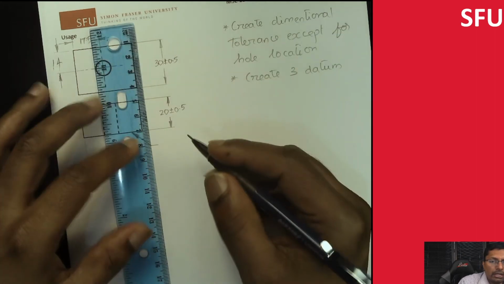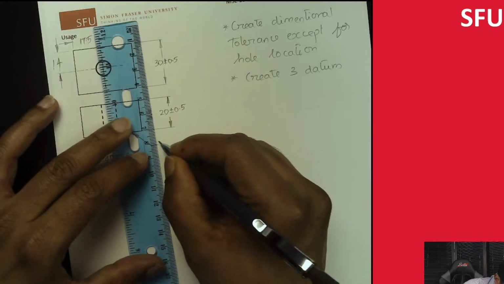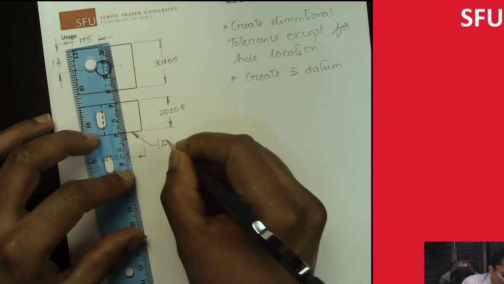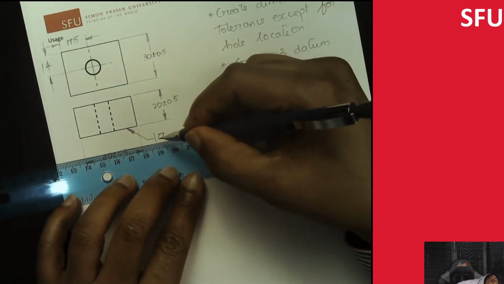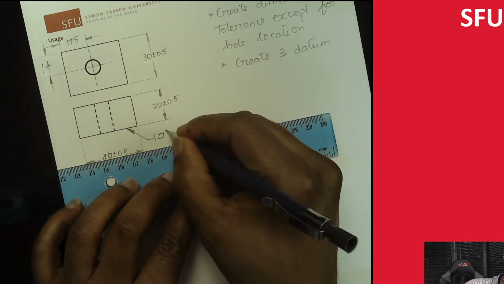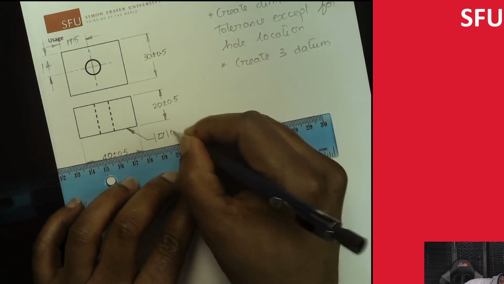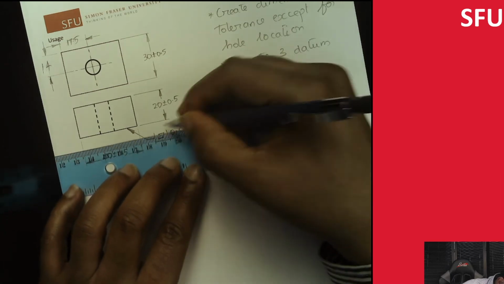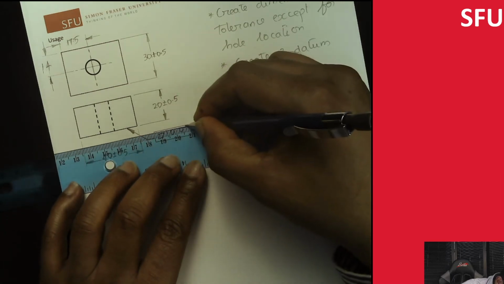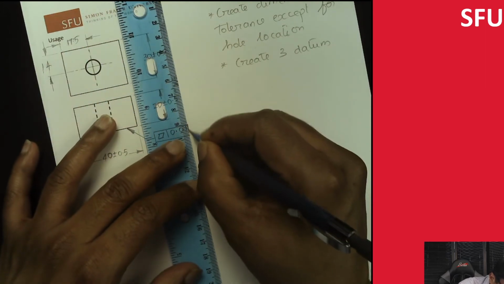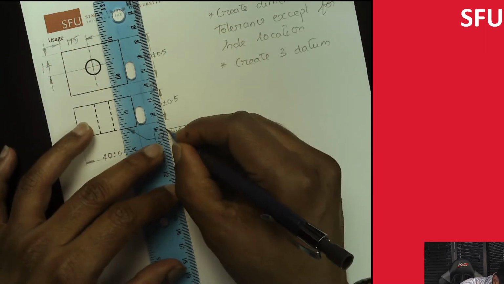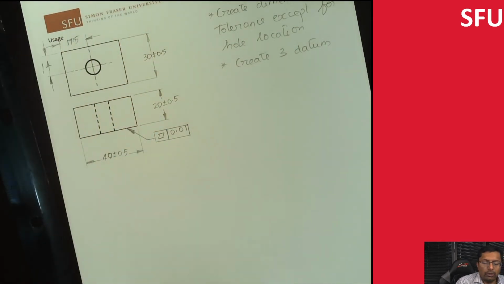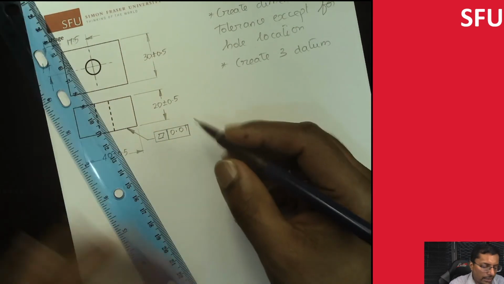So we have here a parallelogram, which is the symbol for flatness, and then tolerance 0.1. That's what we get, and then we're going to label this as A.